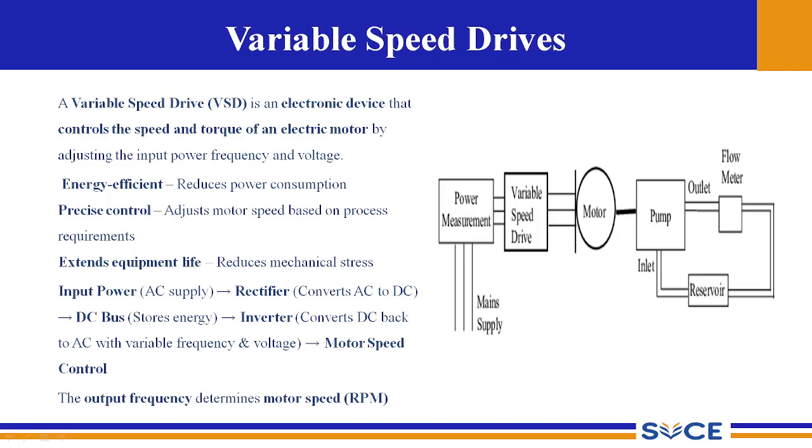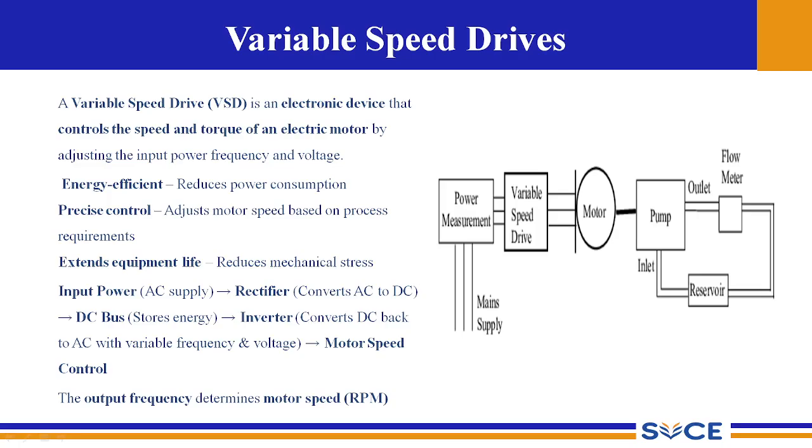So by adjusting the input power frequency and the voltage, the variable speed drive will control the speed and the torque of an electric motor. So depending upon the speed and the torque of the electric motor, the pump will operate to change the flow rate.